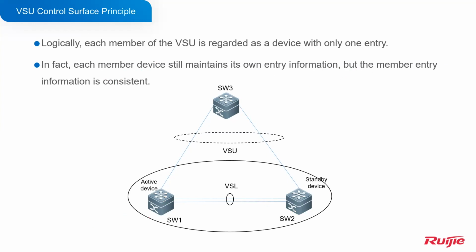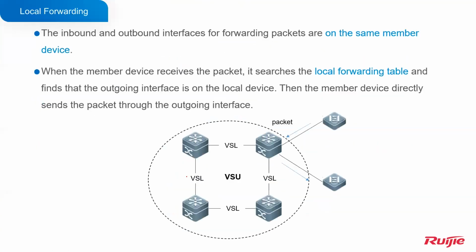So each device has its own forwarding table, but the forwarding table information is the same. Then when we receive a message, how do we forward it out? We can divide forwarding into local forwarding and non-local forwarding.